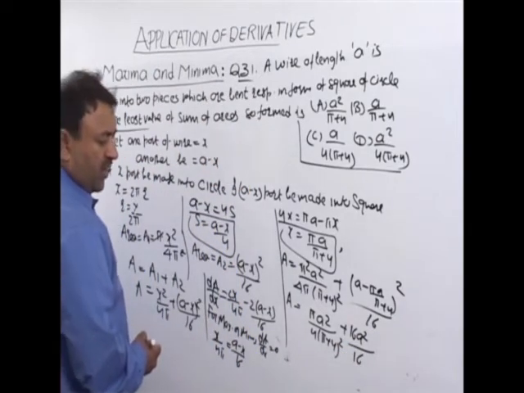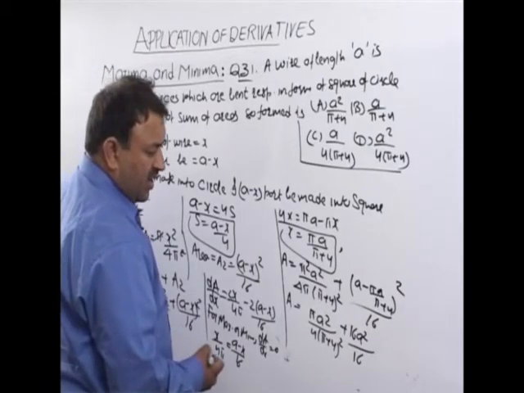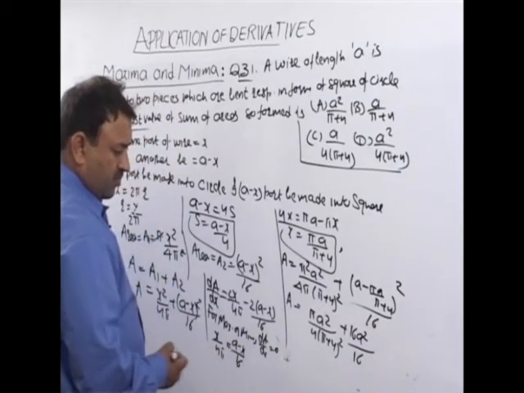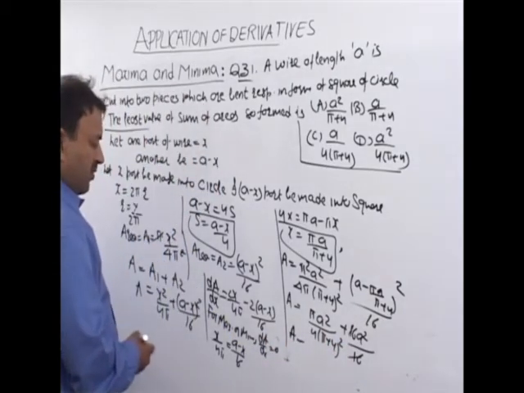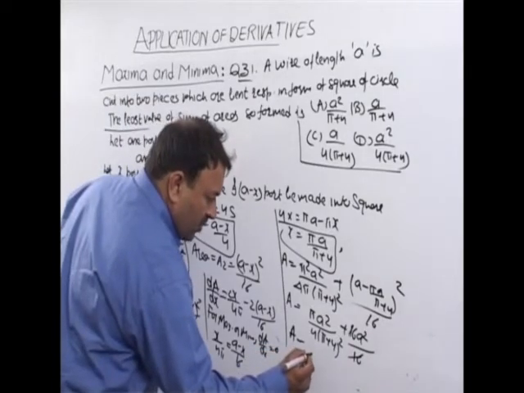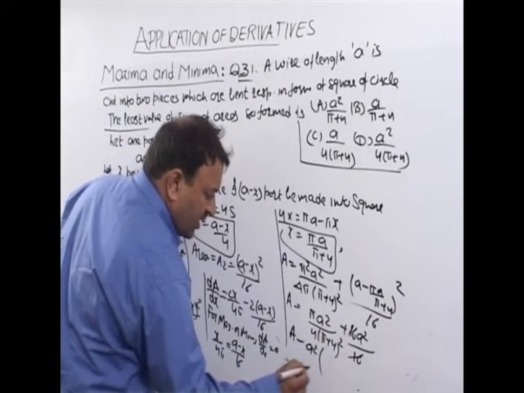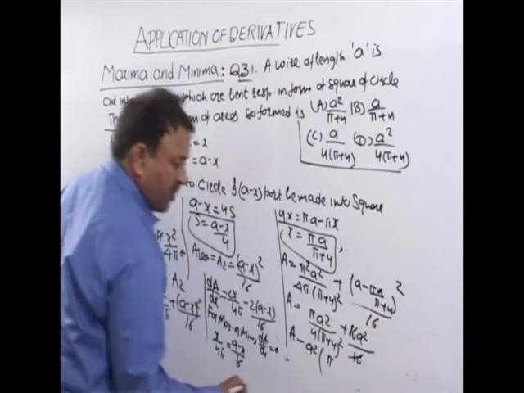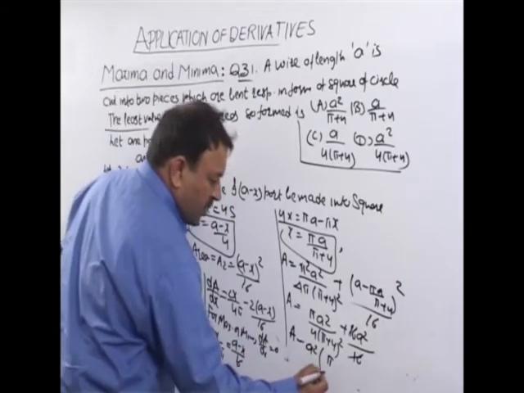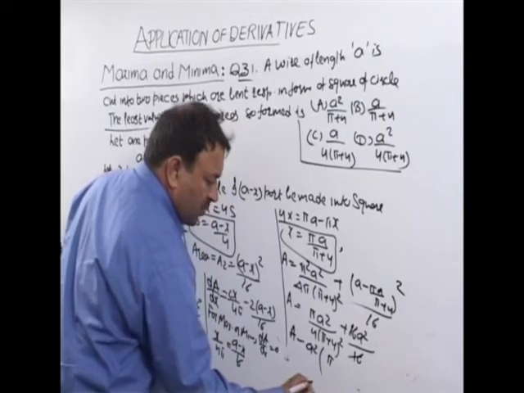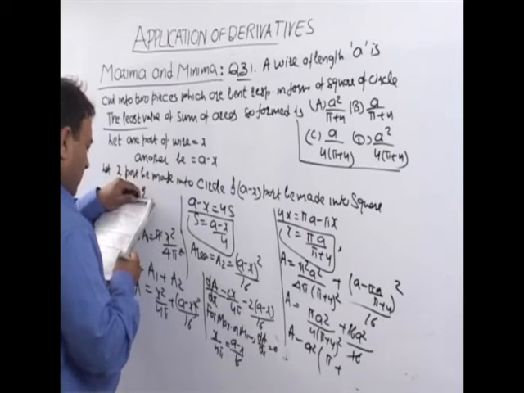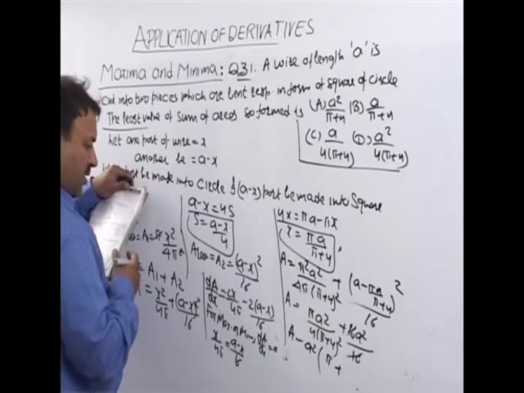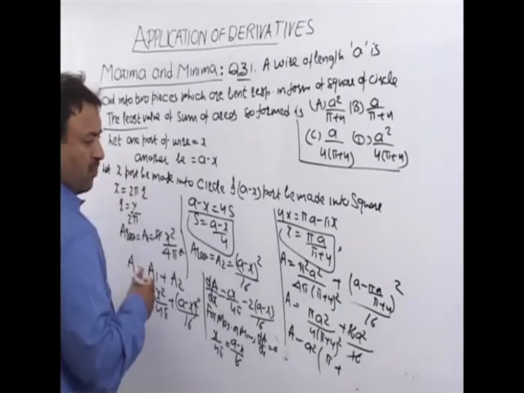Now we have to take common. Area is equal to, the 16 and 16 will be cancelled out. Now A square we can take common. We are left with pi upon 4 pi plus 4 the whole square, plus 16, 16 will be cancelled out, pi square A square, and denominator is same, 4 plus pi square.